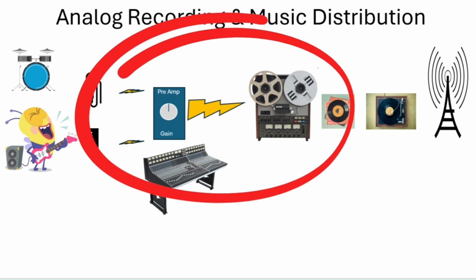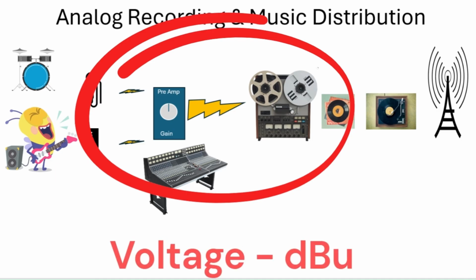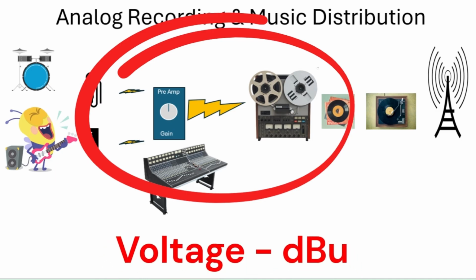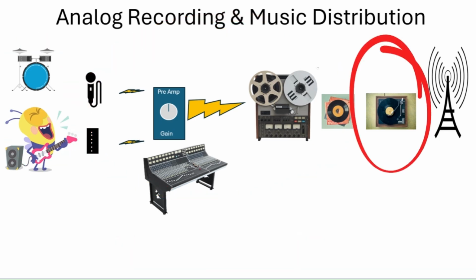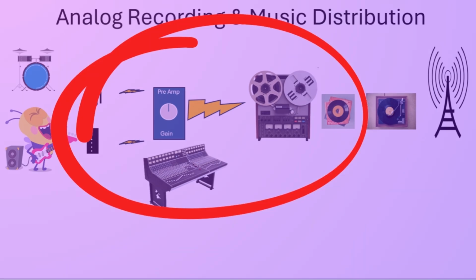Everything in the middle as it flows through the recording system is measured in voltage in dBu, which I believe is called decibels unreferenced. Too complicated to explain that. So we got sound at the beginning, sound at the end, voltage in the middle.